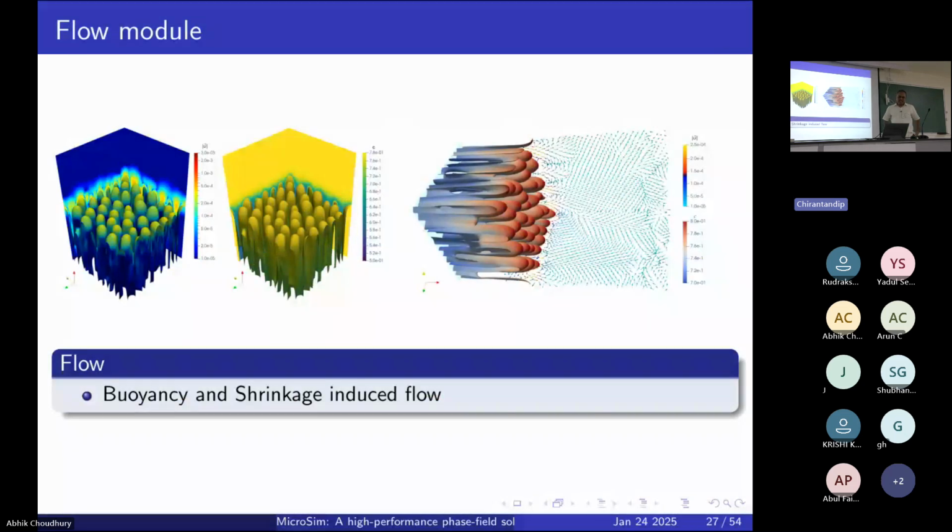Then we also added some additional capabilities to the MicroSim suite of tools where we model the flow near the solidification front. It's very important because the segregation happens exactly at the solid liquid interface, and the elements have different densities, so there will be convection happening in the liquid, and that convection can affect the morphological pattern formation also.